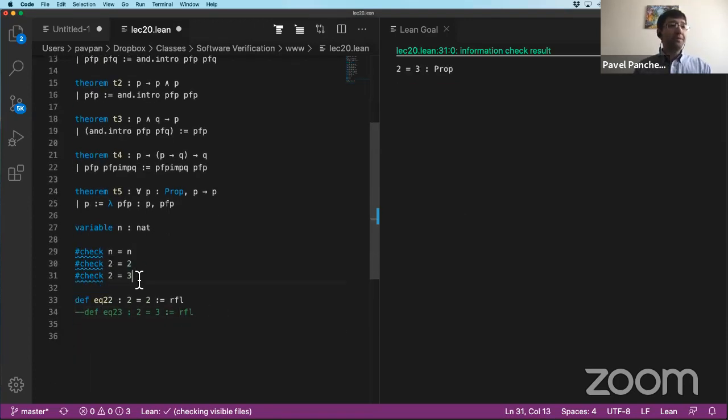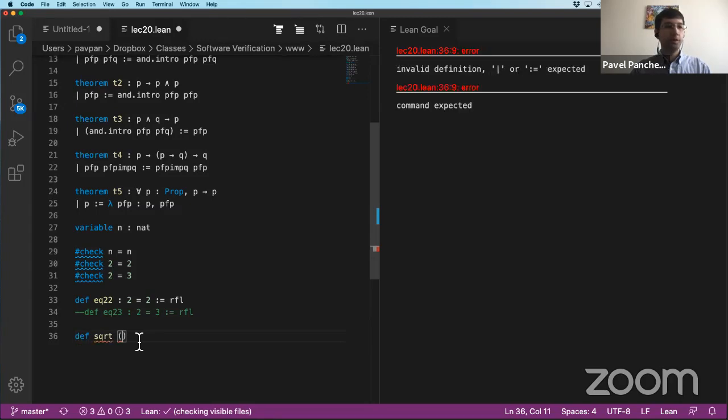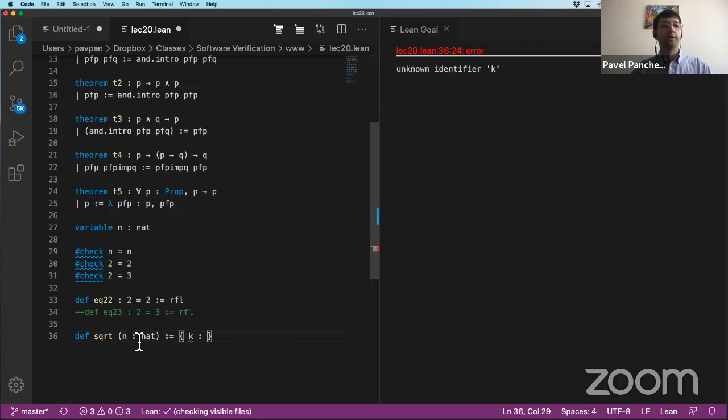So if we have the ability to write down propositions like this, we can now imagine combining the proposition with the actual number that we compute. So for example, we can write down a square root function with the following type. The square root of some number n, let's keep it at natural numbers, we can write down as a natural number k such that k times k equals n.